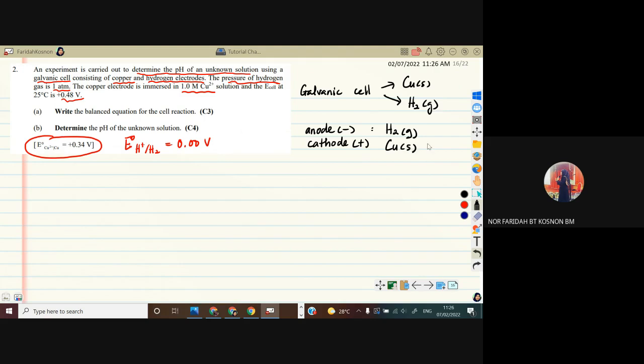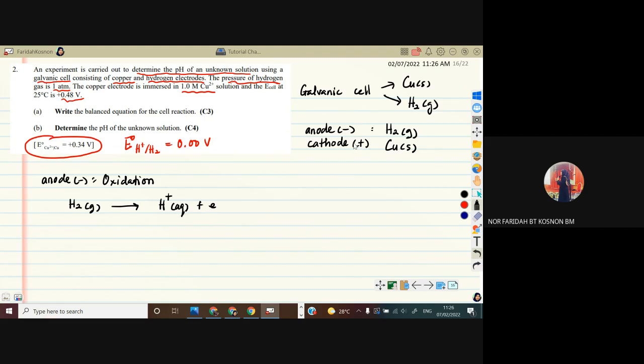Okay, jadi nak write the balanced equation for the cell reaction, of course kita perlukan half cell equation at anode and cathode. Kita buat dulu half cell equation at anode, which is oxidation. Kena tahu nak tulis bagaimana hydrogen itu undergoes oxidation. So hydrogen gas, dia akan release electron and form hydrogen ion aqueous.